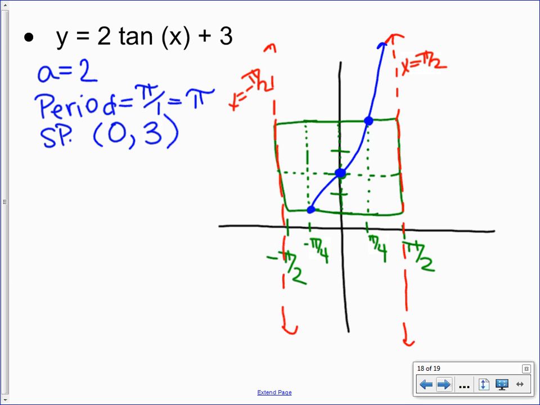And then we can draw our snake here. Okay. I do want you to label these 3 points. So this is the point negative pi over 4, 1. This is the point 0, 3. And this is the point pi over 4, 5. And what's our range? All real numbers.